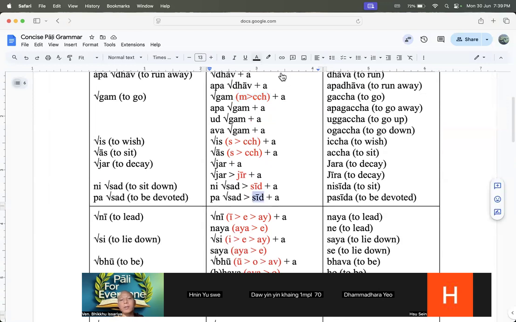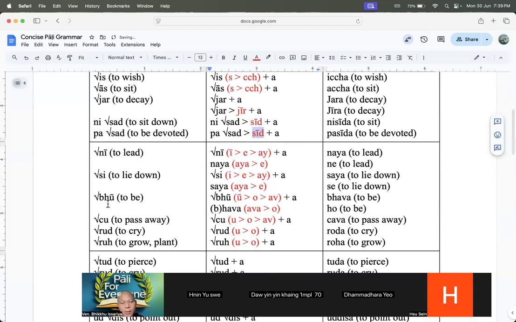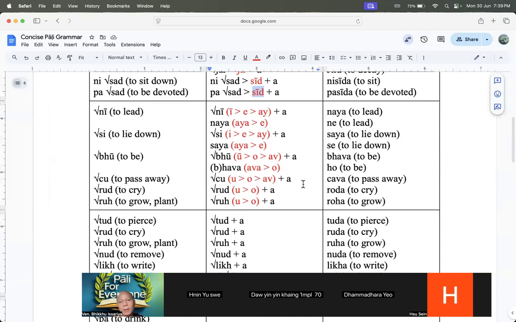That is just connected with the root, not connected with the sign. But in the second group, when we apply this art sign, the root vowel like the u changes to the a or changes to the o in this way. So change to the a, change to the o in this way, briefly can be understood.